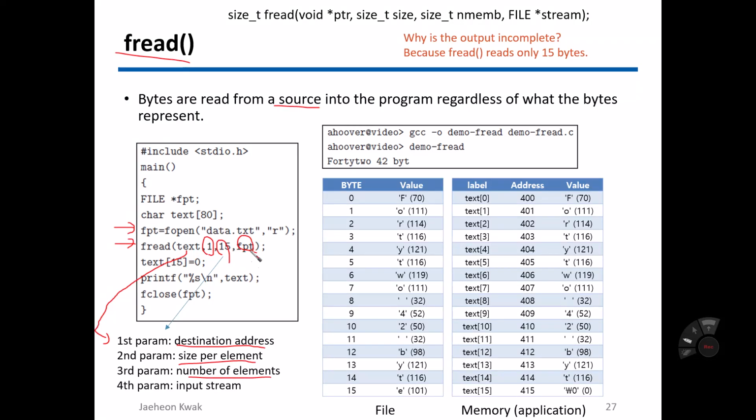The last parameter specifies the input stream. And as I told you before, fread does not support formatted things, so at the end of the string, we have to add this 0 value separately.